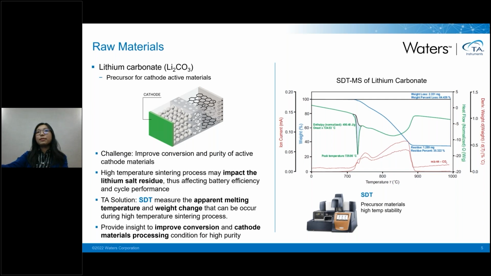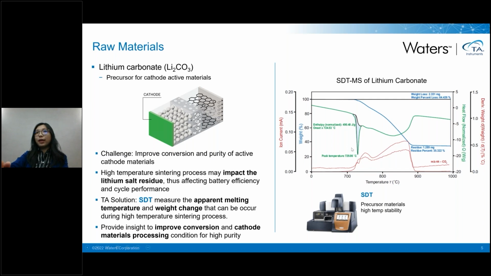of the cathode material. So one of the TA solutions that we can give is the SDT, which is able to measure the apparent melting and weight change at the same time in order to provide a good insight into the conversion. If you look at the right graph, this is a figure of SDT mass spec. You can see the weight loss during the heated sintering process, and at the same time you are also measuring the heat flow signal.